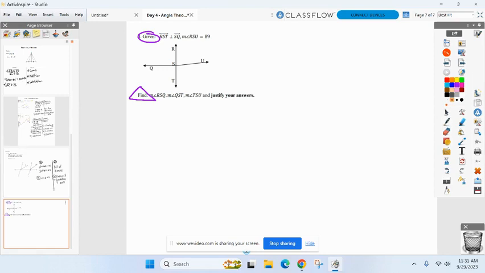If line RST is perpendicular to ray SQ, only to ray SQ, not ray SU. So I'm hoping you have your right angle symbols here. Perpendicular lines form right angles, and maybe you plopped in 89 degrees at angle RSU.